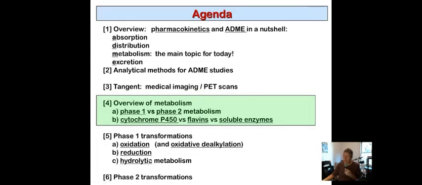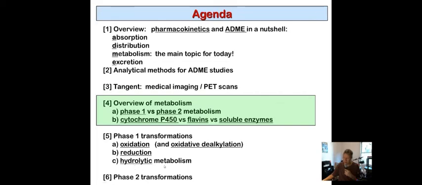Then we'll go into the different transformations: oxidation, and really an important one called oxidative dealkylation. So this is an oxidation reaction that's coupled with a dealkylation, so maybe loss of a methyl or something like that, and a little bit on the mechanism of those. And we'll talk about reduction, so some reactions that cause reduction of an organic molecule.